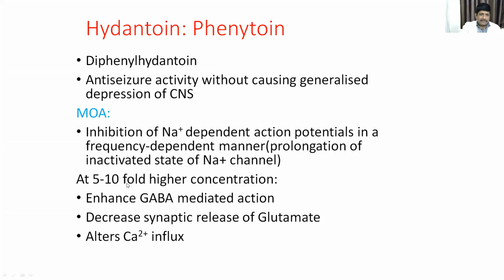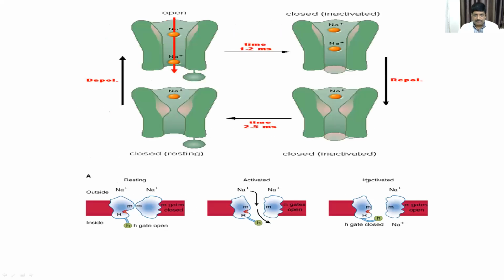At 5 to 10 fold higher concentration, it will enhance the GABA mediated action. It will decrease the synaptic release of glutamate and also alter the calcium influx. So we have here the sodium channel opens over here, and this is the closed inactivated channel, and then repolarization and then depolarization happens and back to the normal.